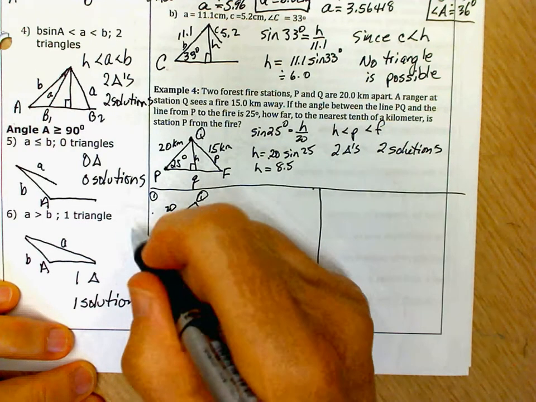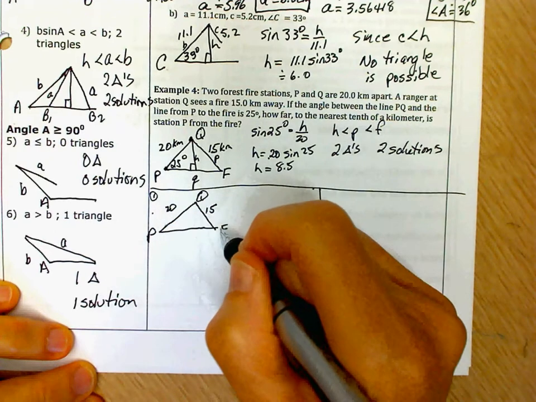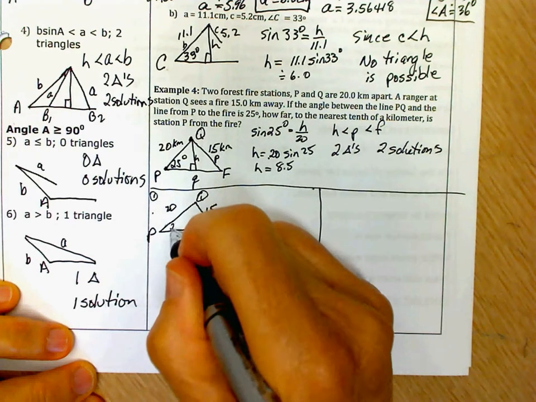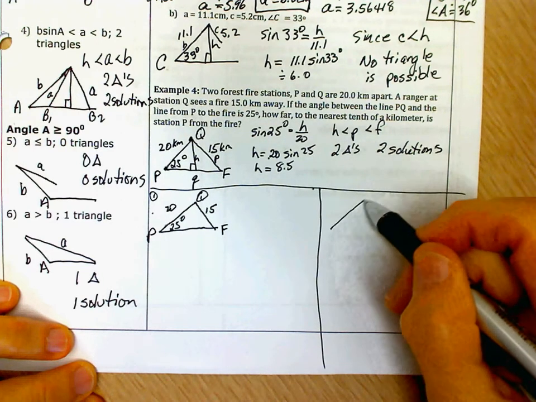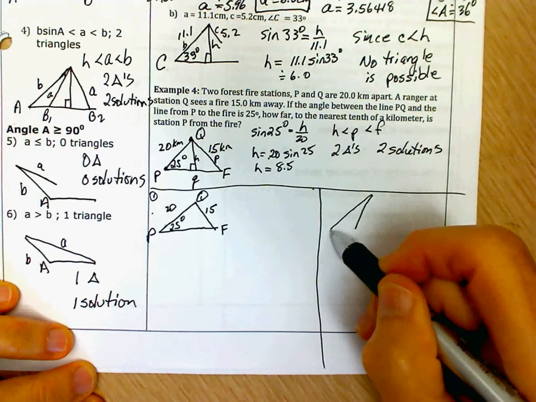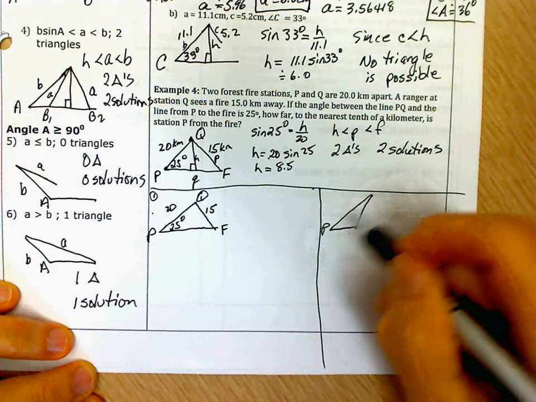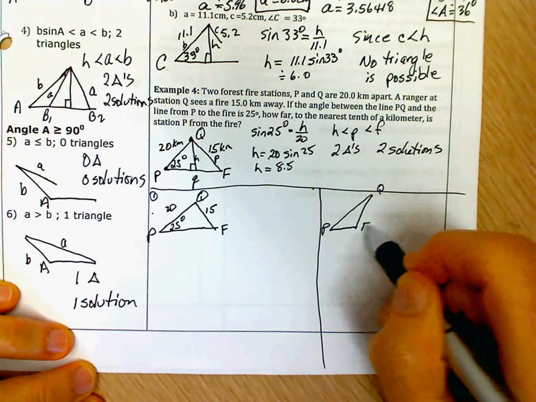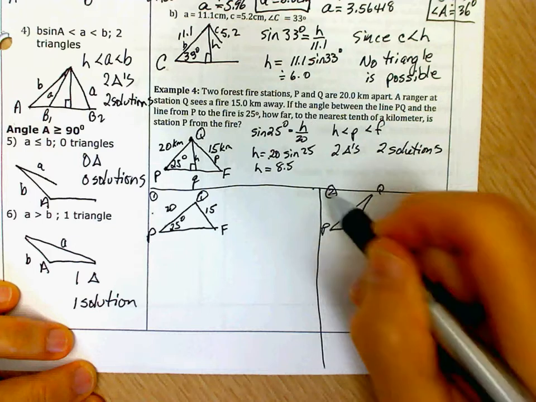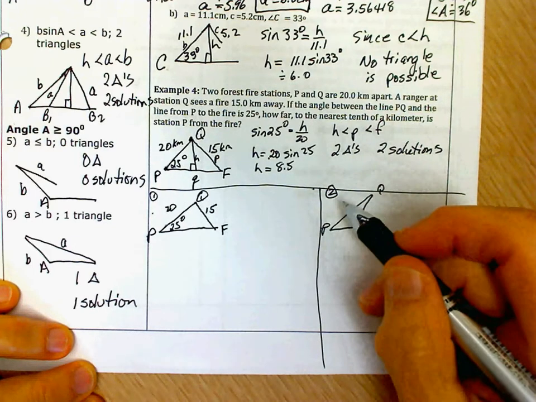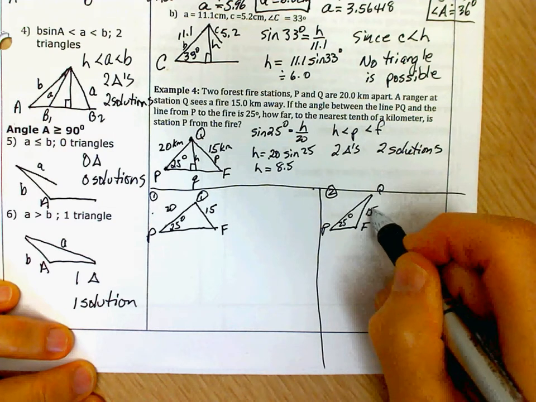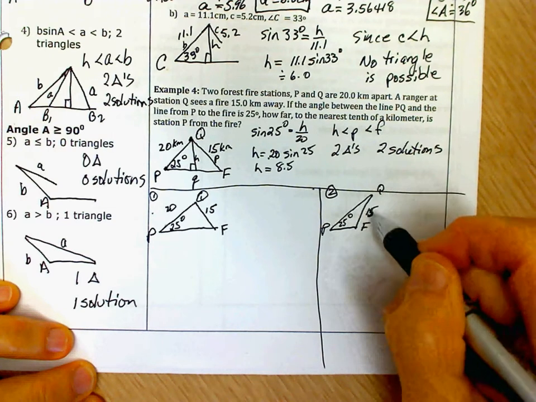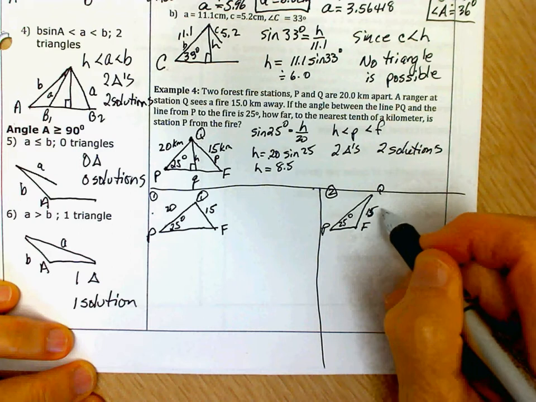Case 2 will look like this one. This is P, this is Q, this is F, this is case number 2. And this is 25 degrees, a length of 15 kilometers, sorry. And this is 20 km.